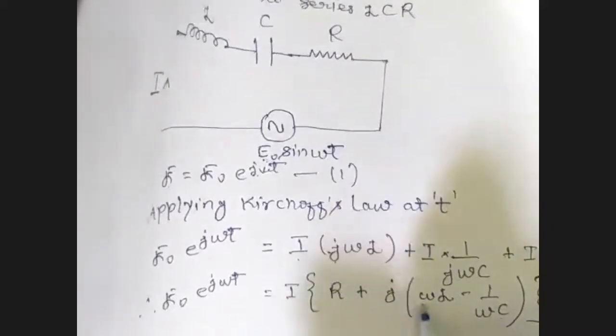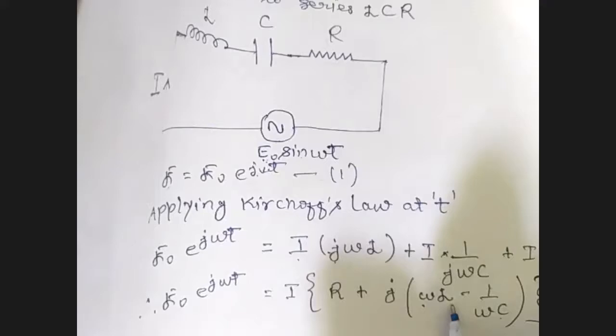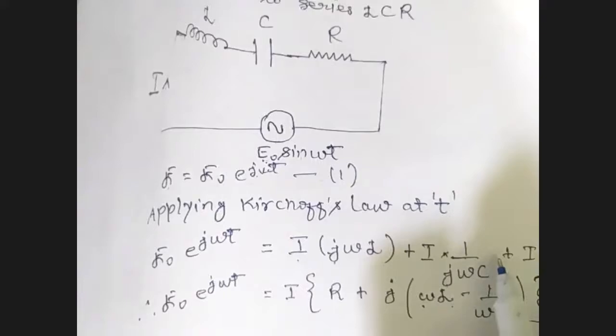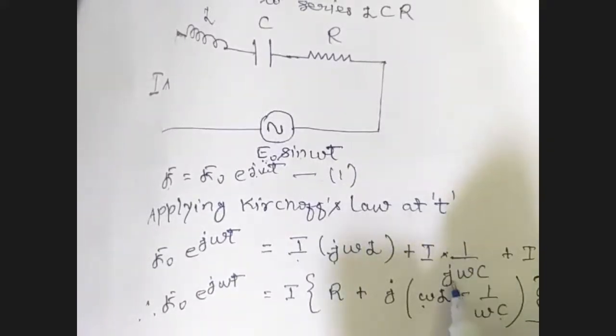So in the bracket omega L, if I take j outside, what does it mean? I will multiply numerator and denominator by j. So numerator will have j and denominator will have j square. That's why minus sign comes into the picture.